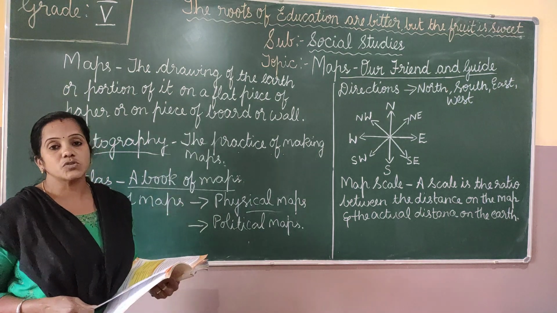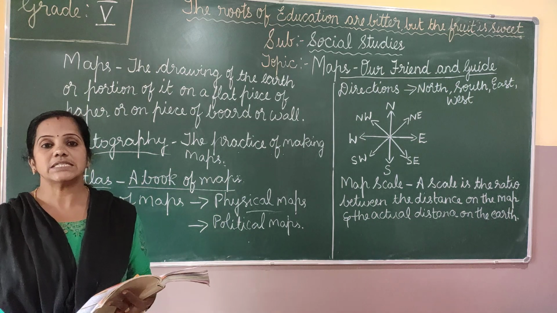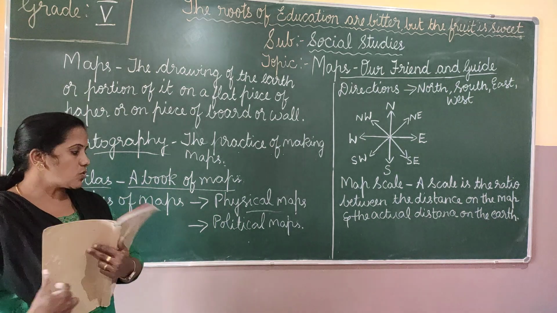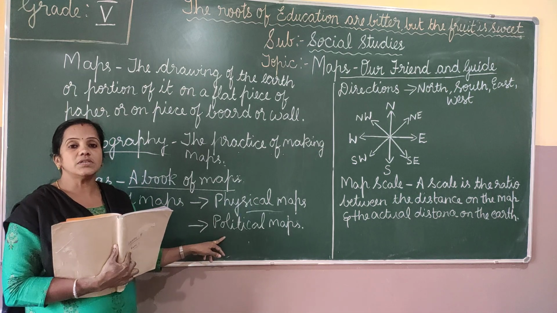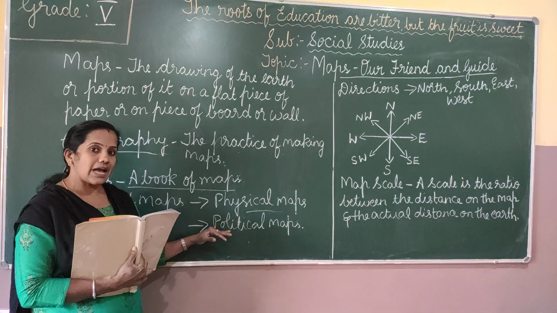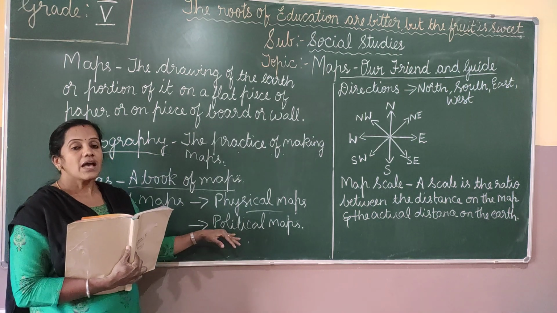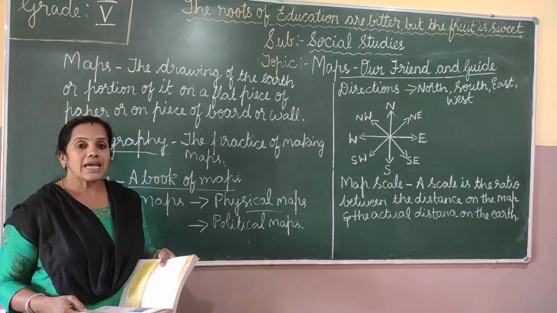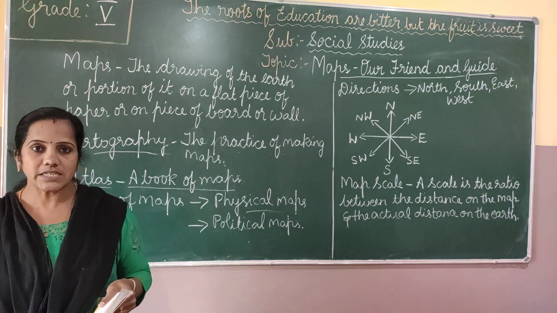They also show the capitals and major cities of that place. So this is called a political map, and it shows the capitals and important cities of that place also.